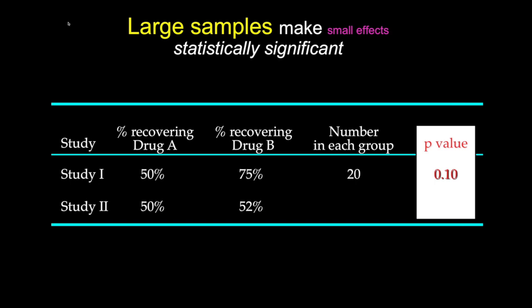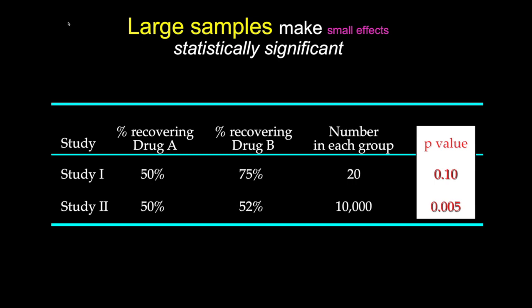Now consider study 2. Again, 50% of patients taking drug A recover, and 52% of patients taking drug B recover. That's not a very big difference. I'm not sure drug B is any better than drug A. But if there are 10,000 patients in each group, the p-value will be highly statistically significant.